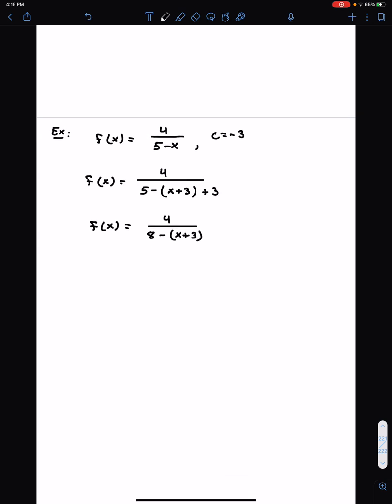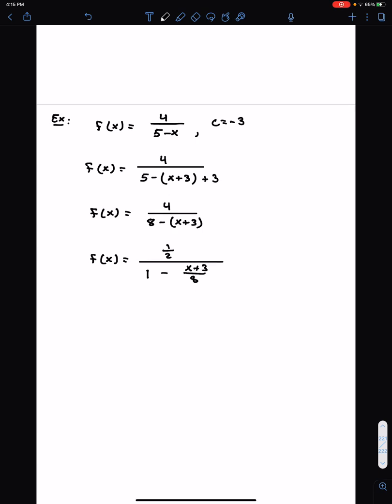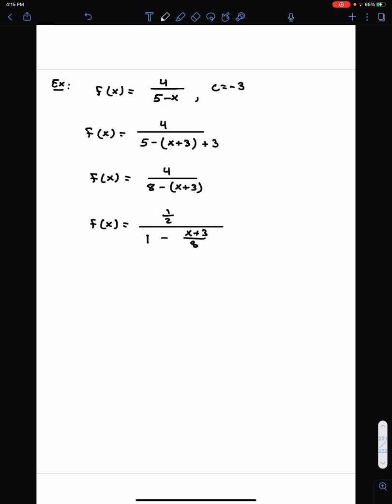If I divide each term by 8, 4 over 8 is 1/2, divided by 8 over 8 is 1, minus x plus 3 divided by 8. So the first term, a1, is 1/2, and r is x plus 3 divided by 8.